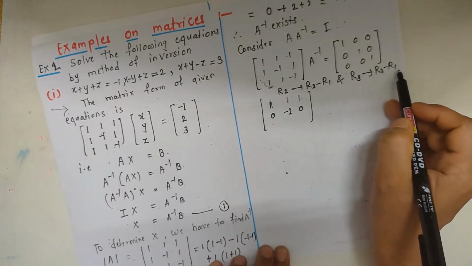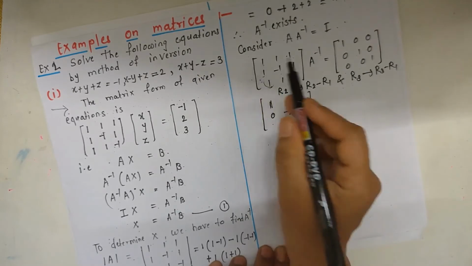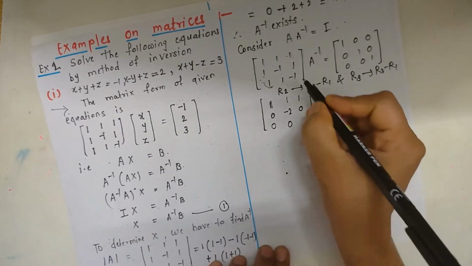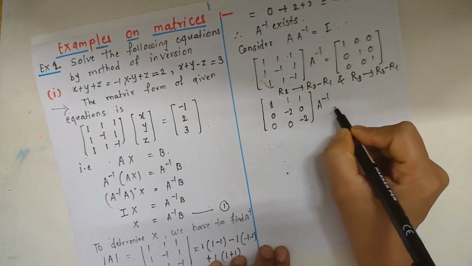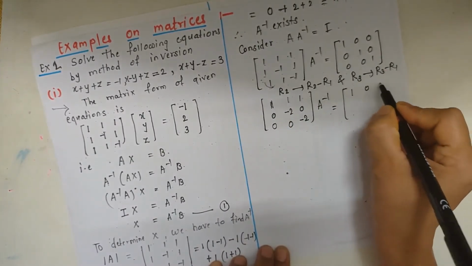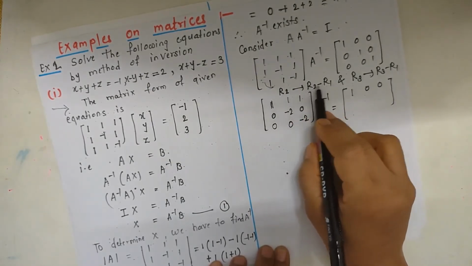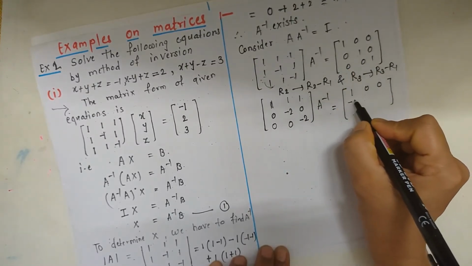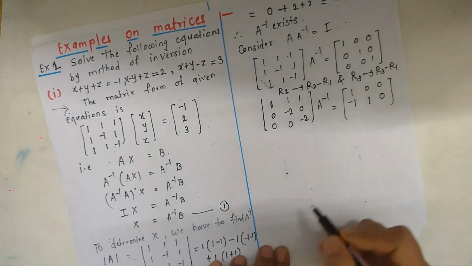Now applying R3 minus R1 to the R3 element: 1 minus 1 is 0, 1 minus 1 is 0, and minus 1 minus 1 is minus 2, into A inverse is equal to, applying the same transformation on this side, we get the first row 1 0 0, and the second row changing with this transformation R2 minus R1: 0 minus 1 is minus 1, 1 minus 0 is 1, 0 minus 0 is 0.